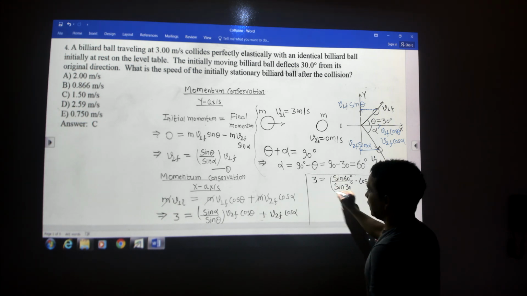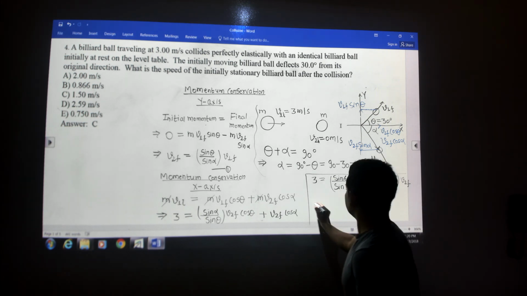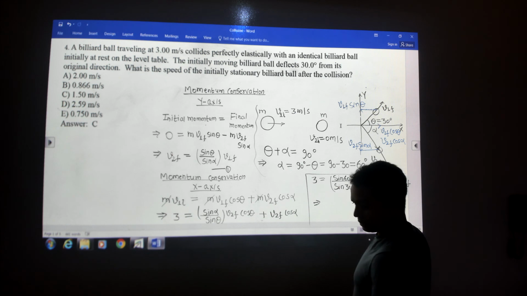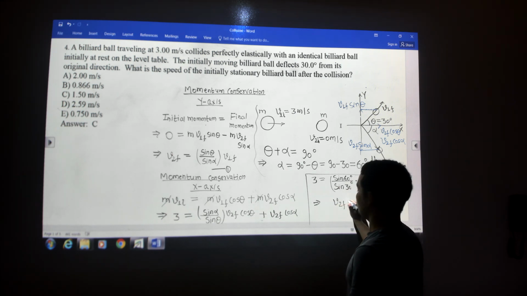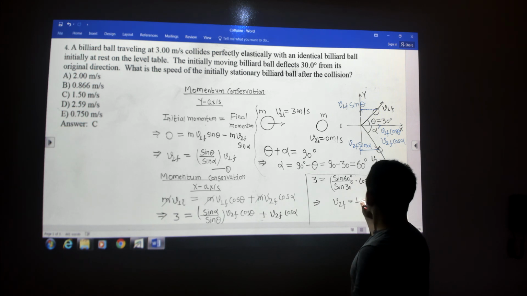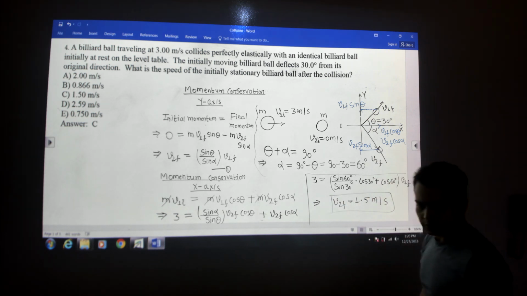Taking V2F out, plug in all the numbers and solve for V2F. Then the V2F you'll get is 1.5 meters per second. Just solve this value and you'll get your answer.